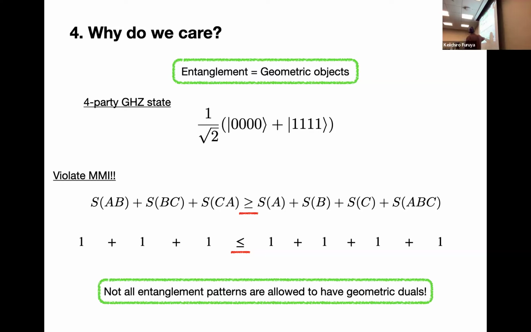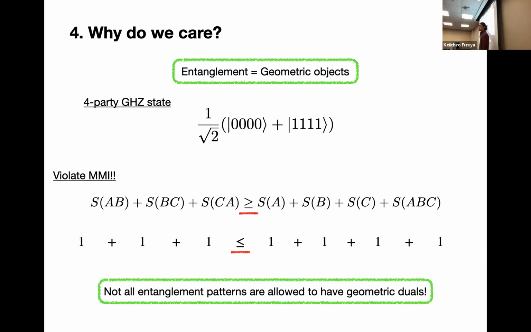If you calculate each term, SAB, SBC, SCA, all that kind of thing, this is a property of GHZ: if you take the partial trace of it, the entanglement entropy is always 1. So if you calculate this inequality, you see it doesn't hold because you have 3 terms here and 4 terms here.